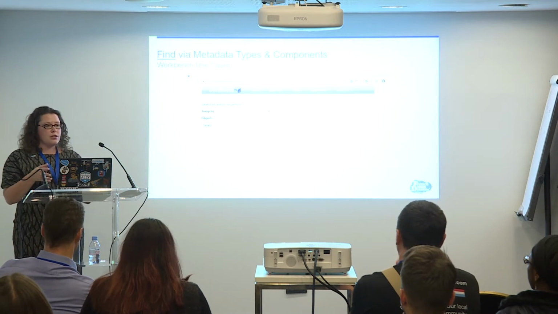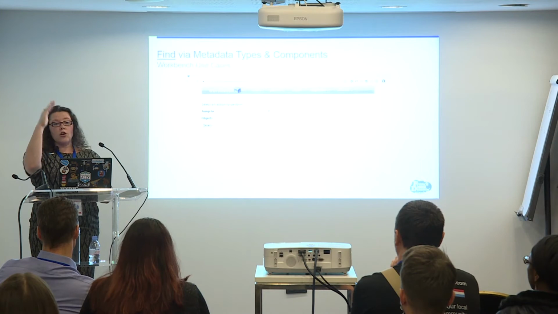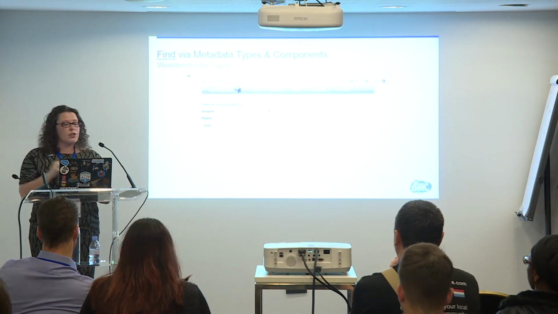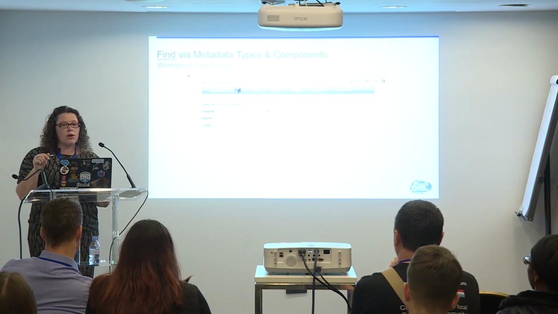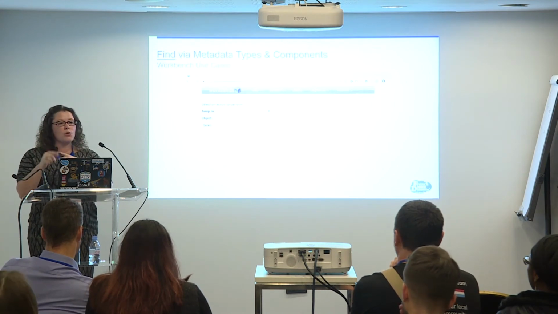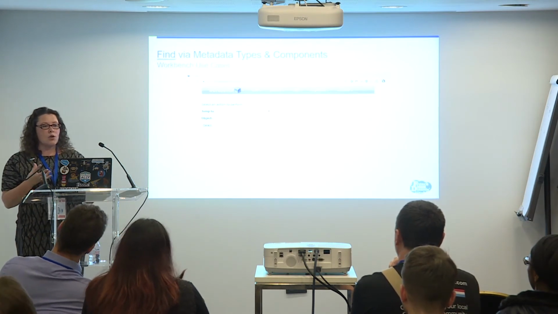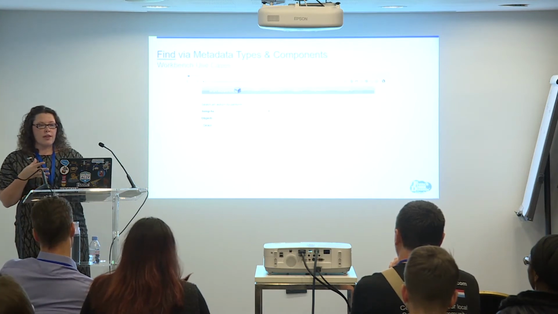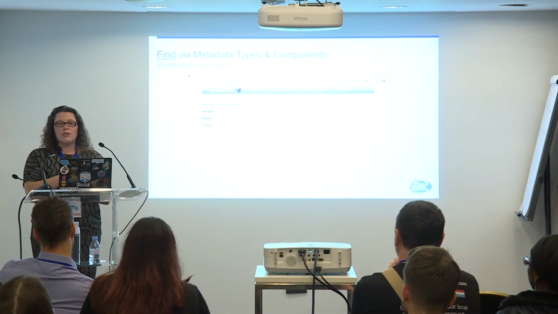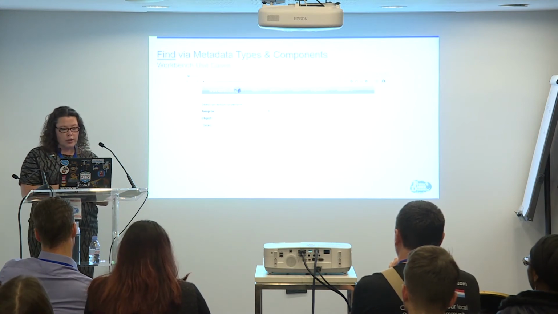So you could go into the setup menu, find workflows, and just find a long list of them. Tab across a few times, sort by object, get all the account workflow rules you've got in one list. And then you want to look at all the ones you've got for contracts, you go there. But that's quite long-winded, and that's going to take you a bit longer to do. And that's what I'm talking about with these tools, that they will give you different ways of doing the same thing. There are some things they do uniquely, but it's different ways as well.